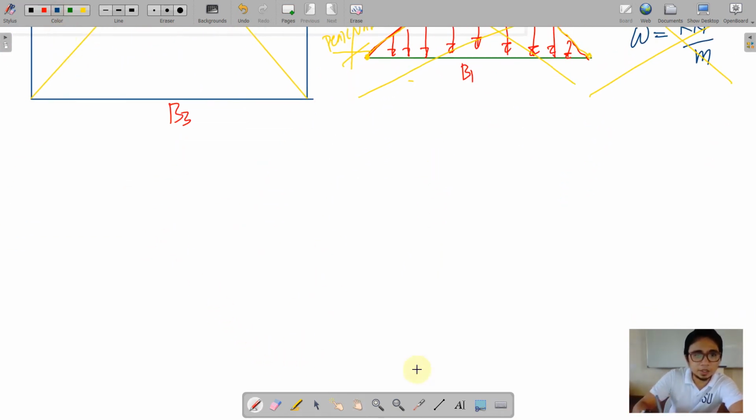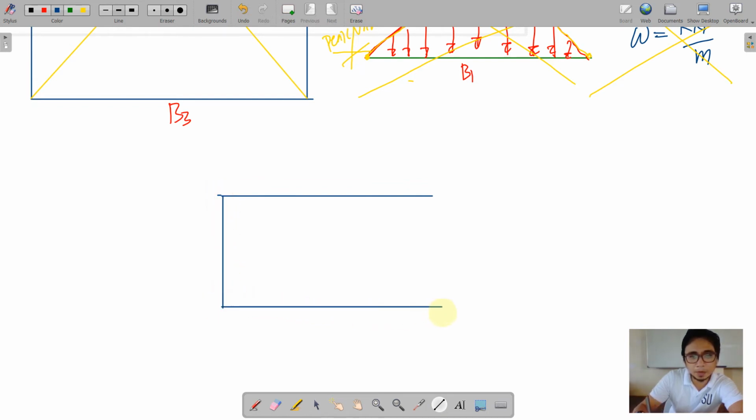illustrating again the figure, say here's the slab. We will first simply assume that the distribution is on the longitudinal section. This is the longitudinal section.